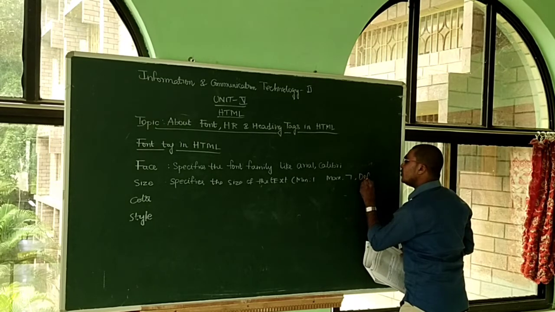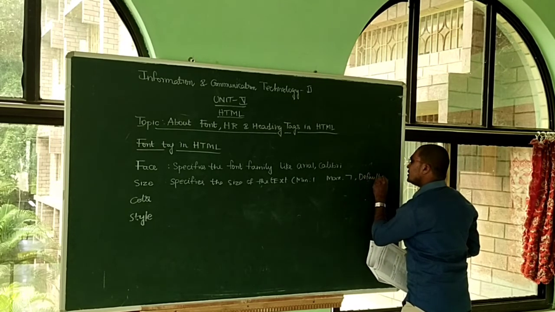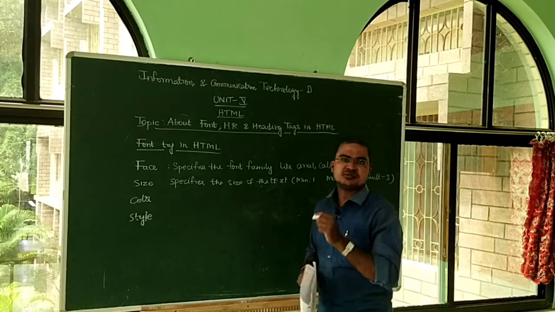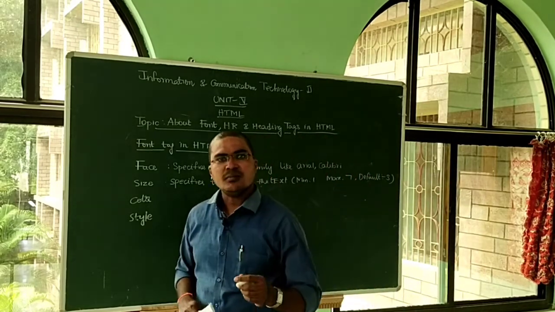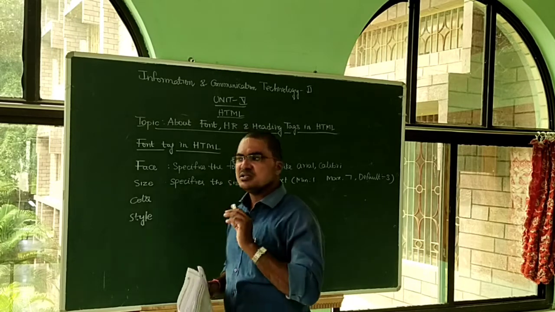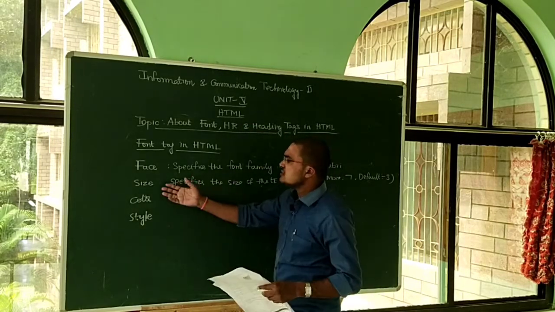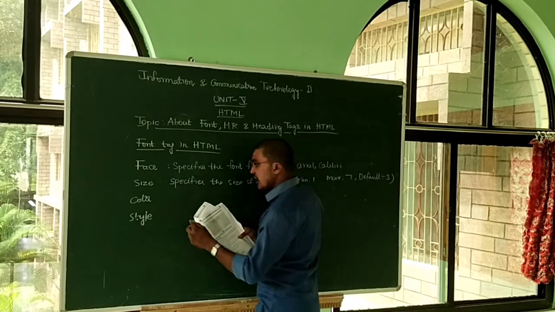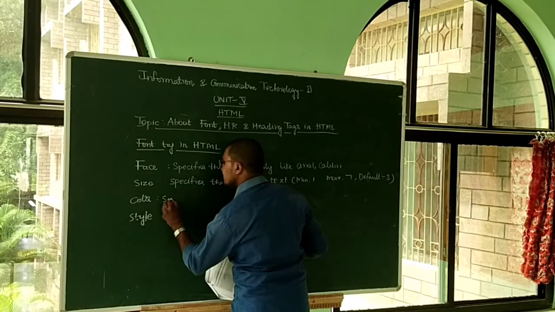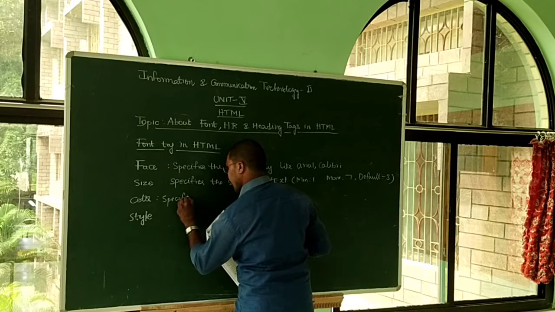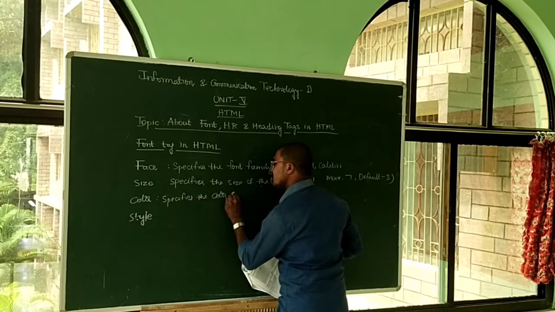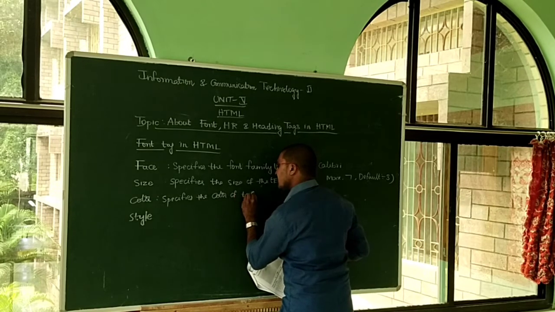If you don't apply the size of the font, the size always appears as 3. 3 is medium size, 1 is minimum, maximum is 7, 3 is the default. That means if you didn't put a size attribute, the text appears in size 3. And color specifies the color of the text. If you don't mention it, the text color always appears in black.